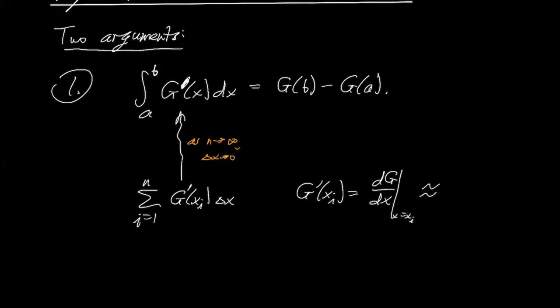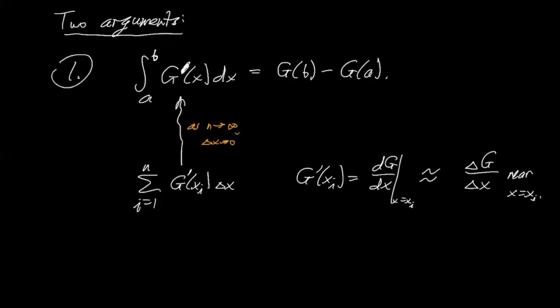Think about a rate of change. It's a slope: the change in g divided by the change in x near x equals x sub i. So I can replace this. It's not exact anymore, it's an approximation, but this integral is already approximately equal to this sum for large n.